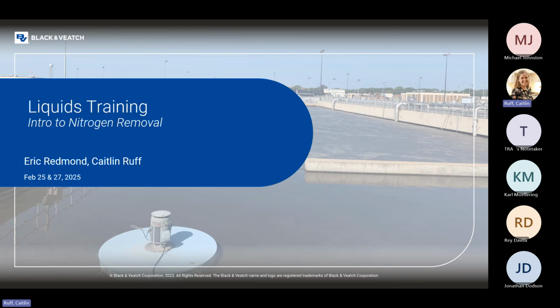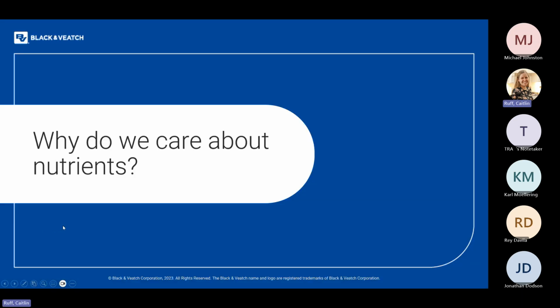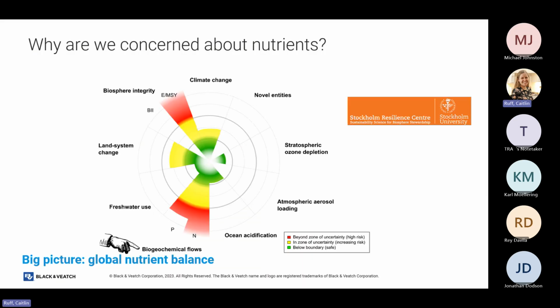So, to start this all off, why do we care about nutrients? Just from a global big picture perspective, we're concerned about nutrients because disruptions to nutrient cycles of key elements like nitrogen and phosphorus, specifically nitrogen, what we're talking about today, have pretty big impacts to us.